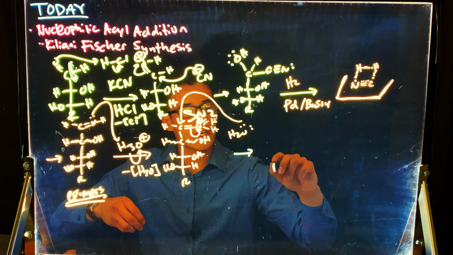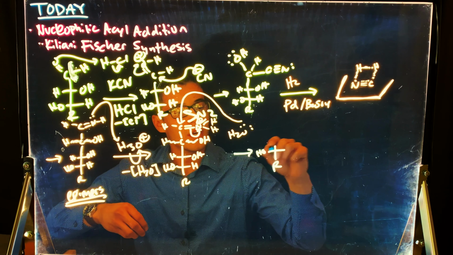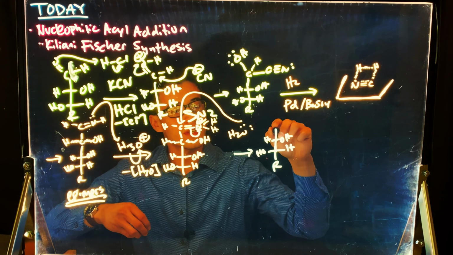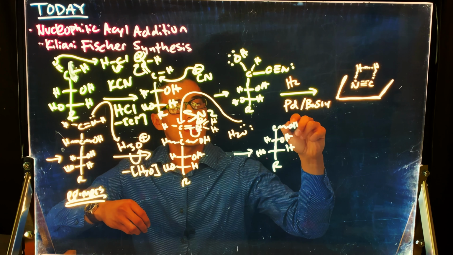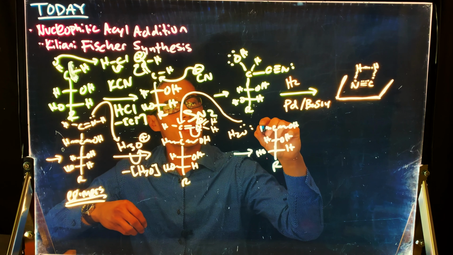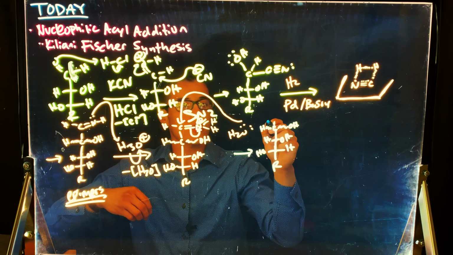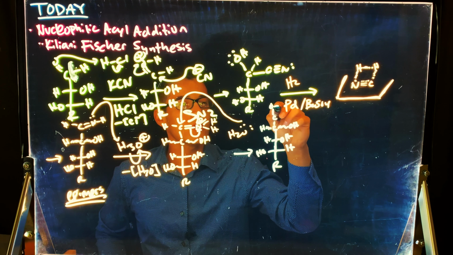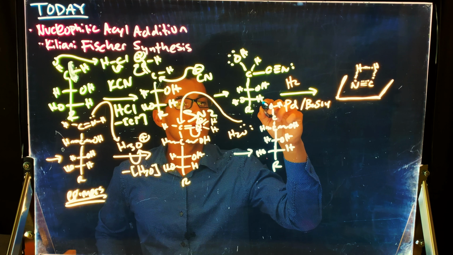Let's go ahead and keep this going. Here's our R group, OH and an H, OH and an H, and here's our epimeric carbon. Here's our C with a new OH2 group.